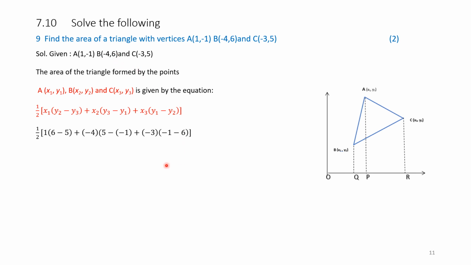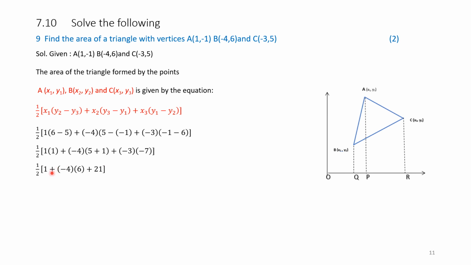This is the formula. There is no square, nothing. Simply you have to subtract and remember the formula. Therefore, half into 1 into (6 minus 5 is 1), minus 4 into (5 minus of minus 1 is plus 1), plus minus of 3 into (minus 1 minus 6) is equal to minus 7.